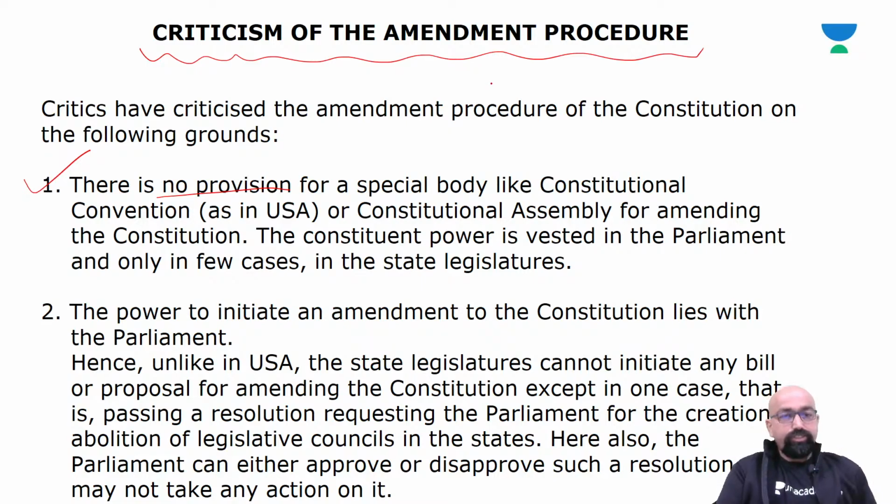So the constituent power is vested in the parliament and only in a few cases in the state legislature. As we have studied, there are 3 types of amendment, right?